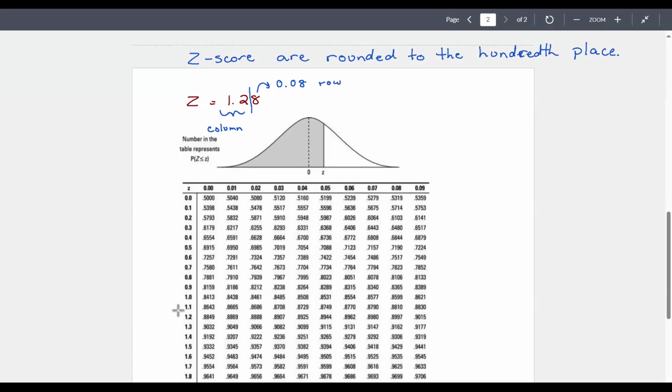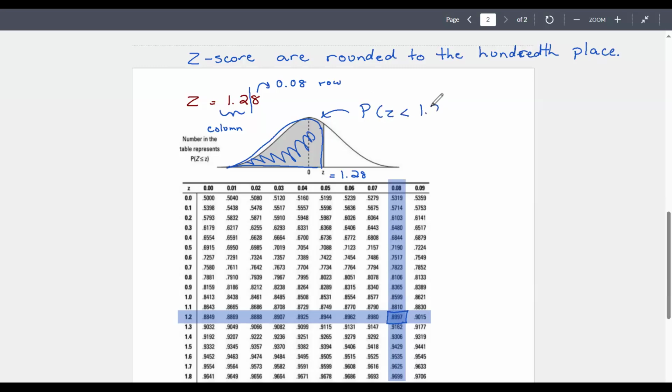As you see here, right here is my 1.2. So I'm going to highlight this whole row, and then we look for the 0.08, which is up here. This overlap represents this probability. Assuming that z was actually 1.28, this area is the probability that my z-score was less than 1.28, and that area is 0.8997.